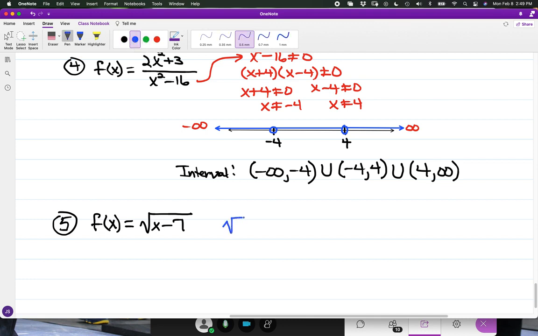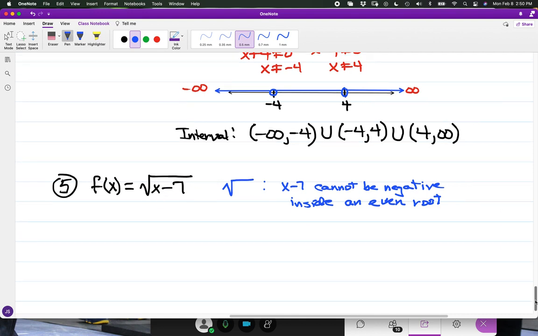Because we're dealing with a square root, x minus 7 cannot be negative inside of an even root. It could be negative in cubic roots, fifth roots, seventh roots, but for second roots like square root, or fourth root or sixth root, whatever's inside cannot be negative.